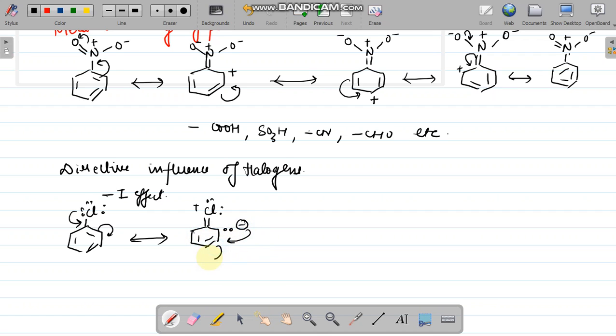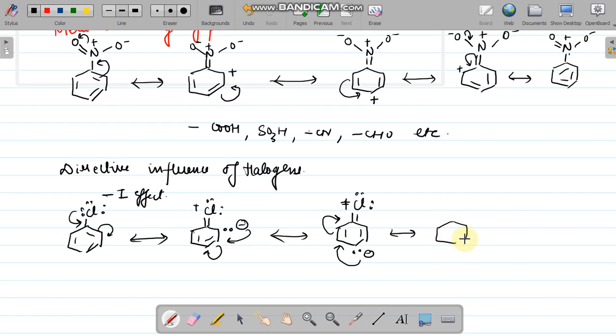This will attack over here. So this bond is going to shift. Lone pair is going to come over here. Now again it is going to shift. So this bond is going to shift.